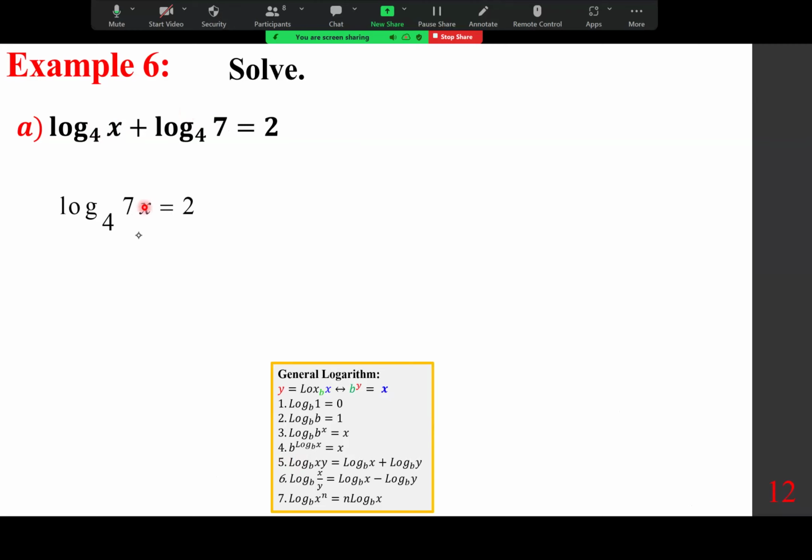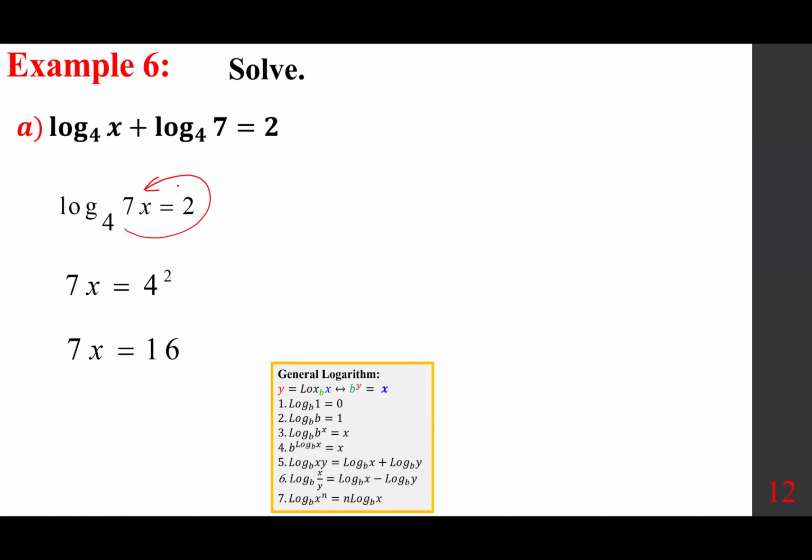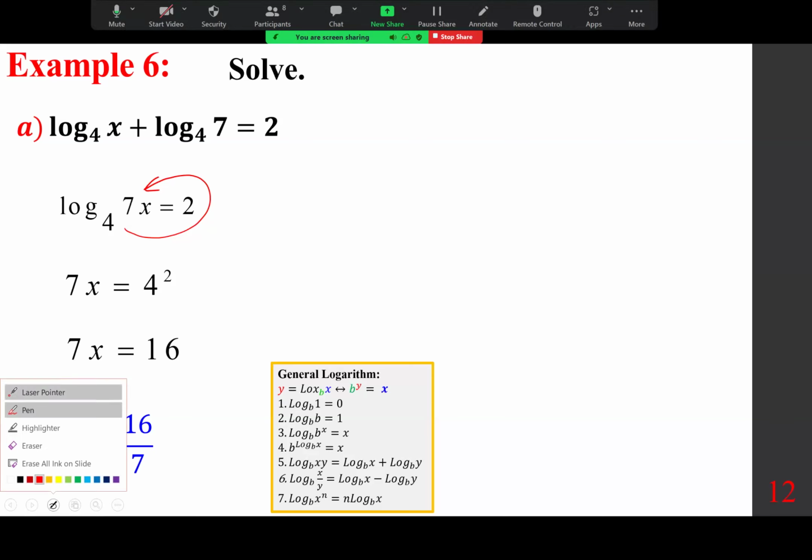And we are ready for the exponential rule. So 7x is 4 squared, or 16. X is 16 over 7. And if you put that into the original equation, this is 16 over 7, or positive value.